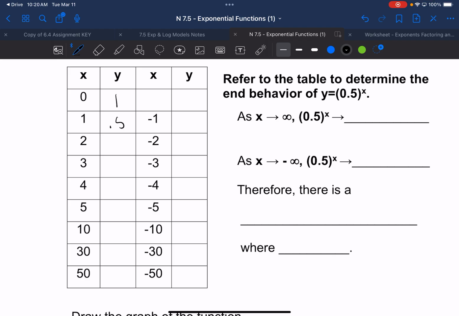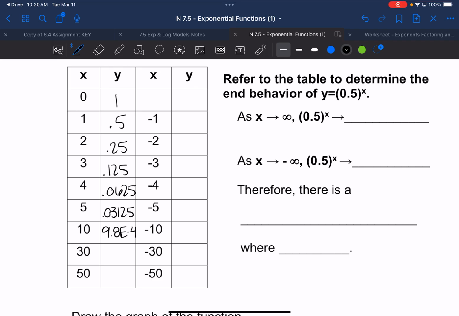All right, what about when it's 2? 0.25, okay. When it's 3? And 4? All right. And 5? All right, and then when I get to 10, we start having it in scientific notation, right? So what was that one? 9.8. Good.